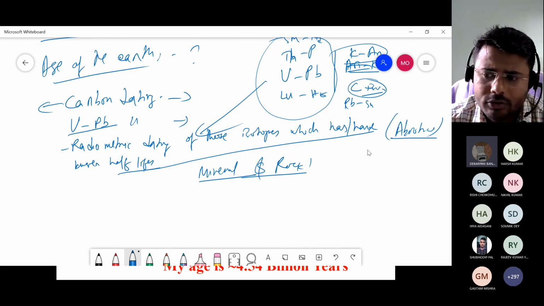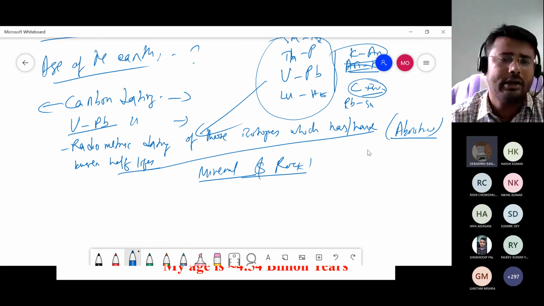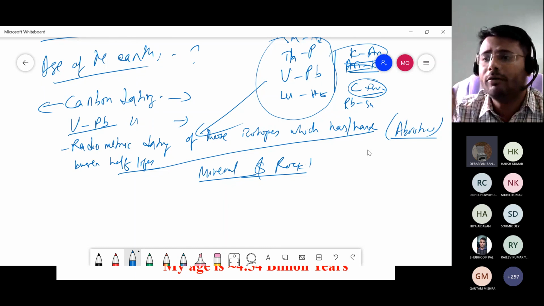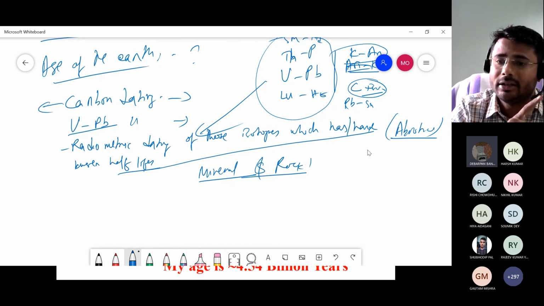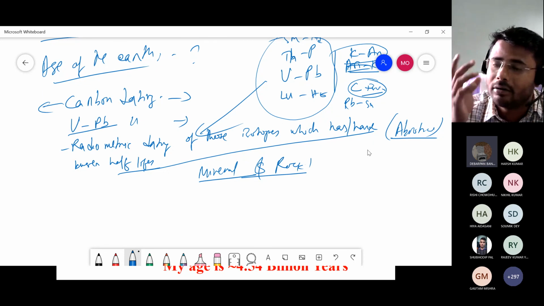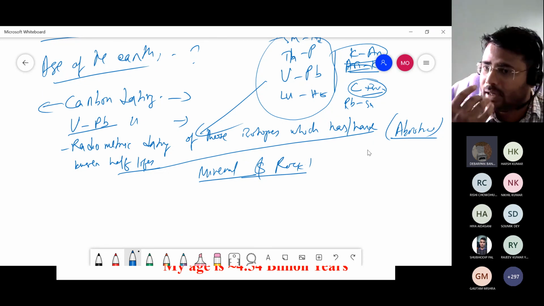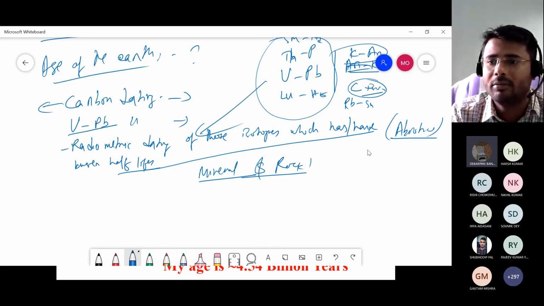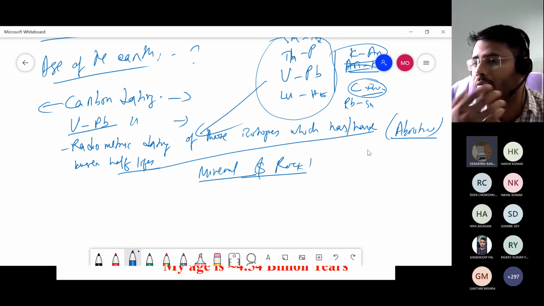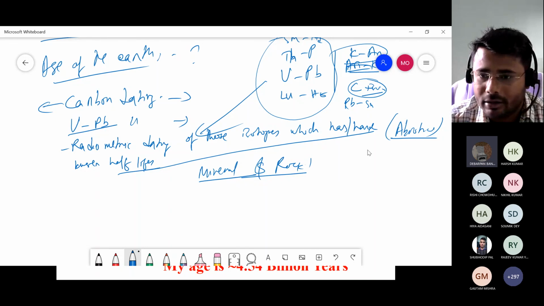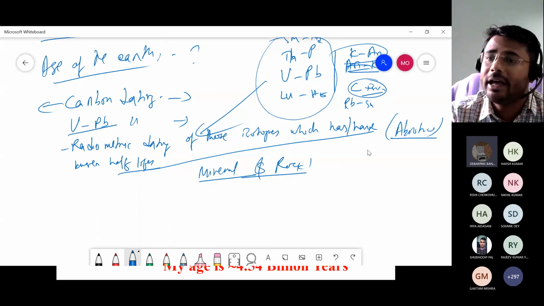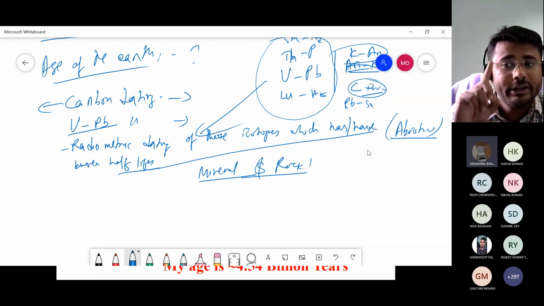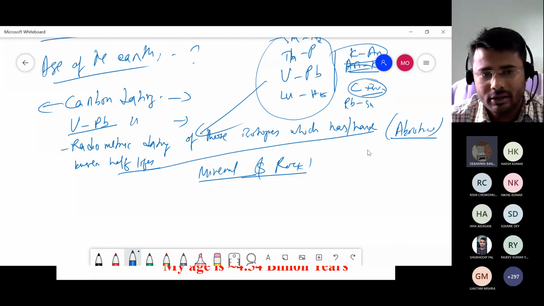Understood? So if I have to make you understand, every one of you has different characteristics, different DNA. Someone's nose will be long, someone's eyes will be different, someone will have less hair, different height, someone dark, someone fair, someone a girl, someone a boy, right? So every one of you can be considered as a mineral with separate DNA.